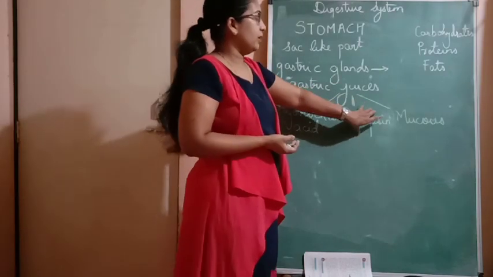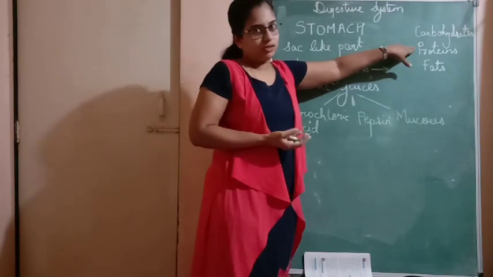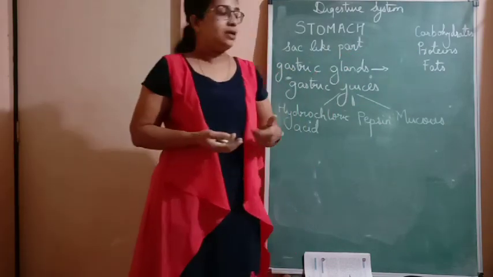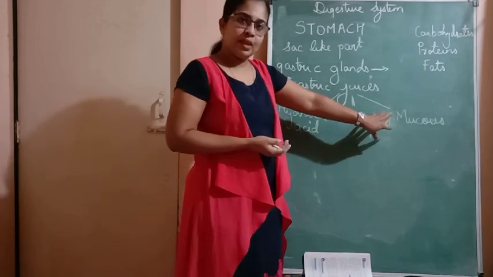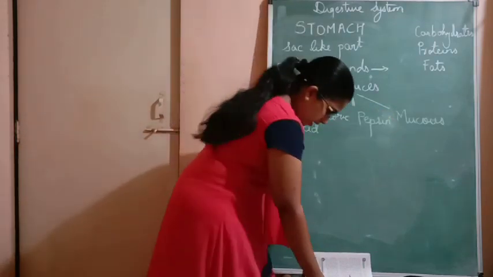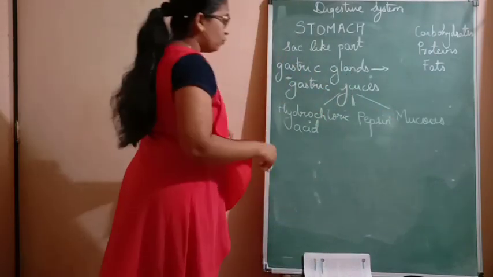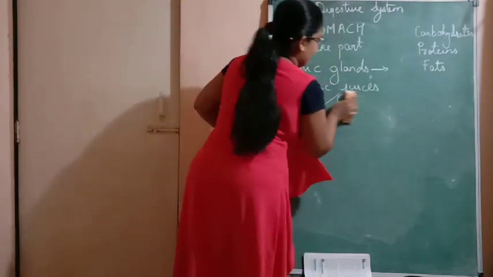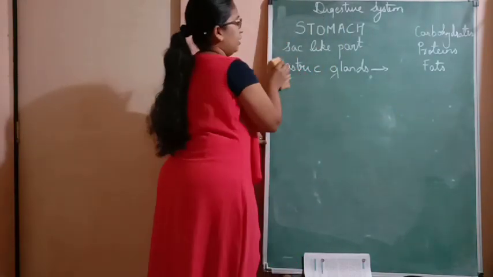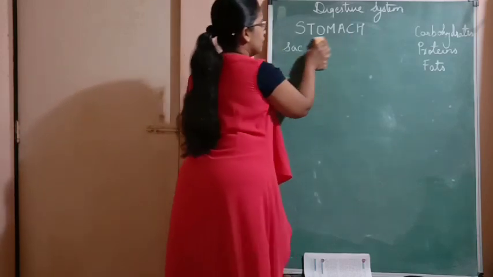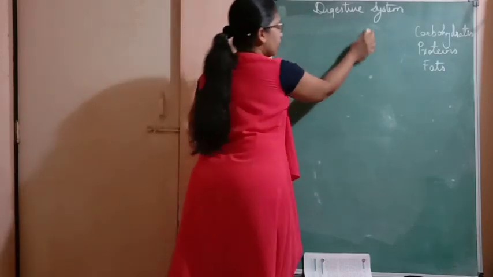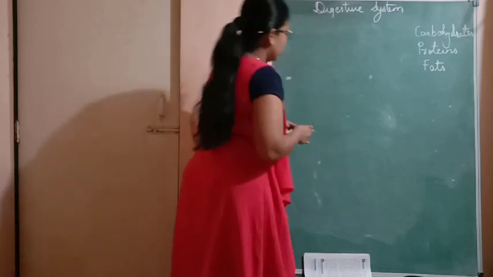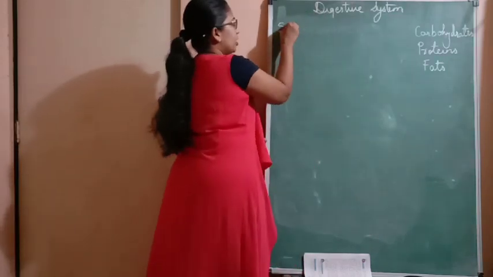Whereas in the stomach, the next nutrient, proteins, is broken down with the help of the enzyme pepsin. Now, let's move on to our next topic. The food from the stomach then moves to the small intestine.